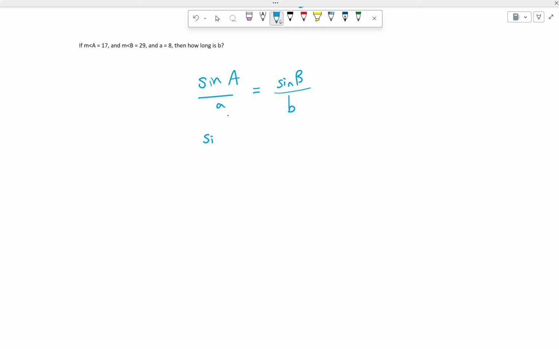It's going to be the sine of 17 over lowercase a, the side, which is 8, which will be equal to, and look at this, guys, I'm actually completing this, and I don't even have to see a visual for it. I have all the information for the completion of this. The sine of 29 over, and then we're going to solve for lowercase b. So, next step, let's take a cross product.